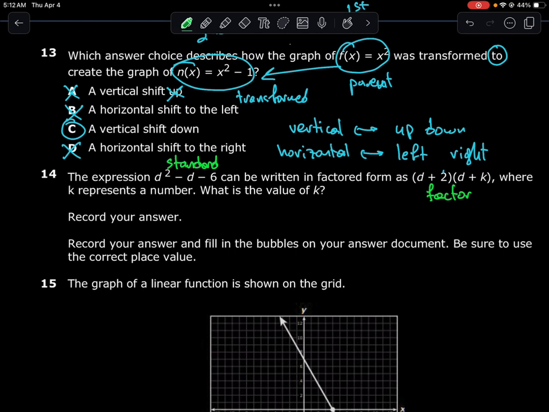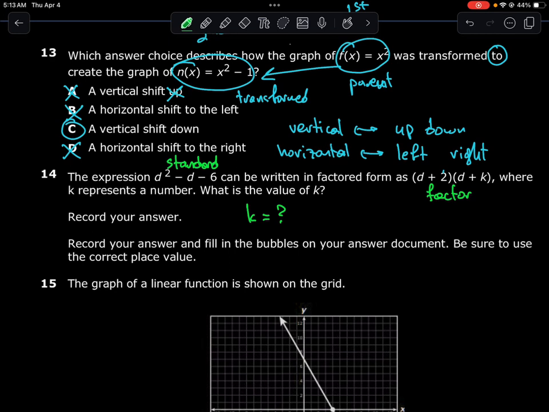So here it is not going to give me options. I just need to write somewhere that k is equal to what? Whatever that is. There are ways of doing it with or without a calculator, and here I get a graphing calculator, so I'm going to utilize it as much as I can.